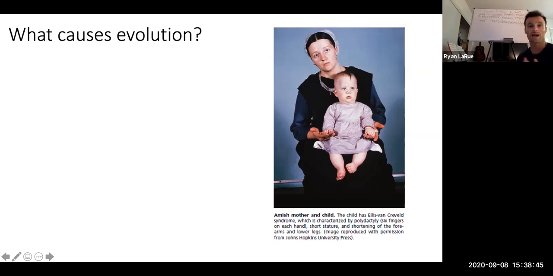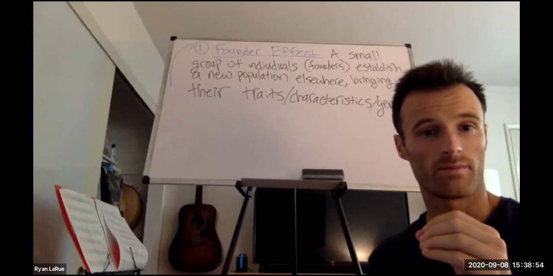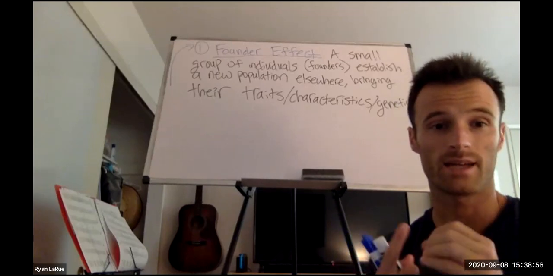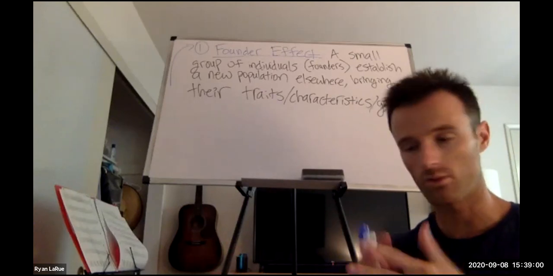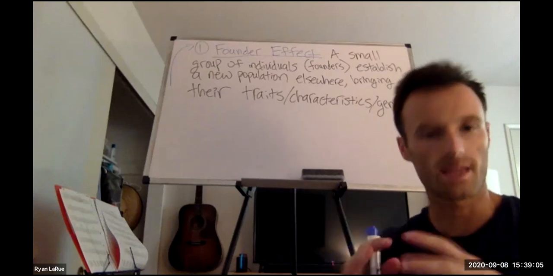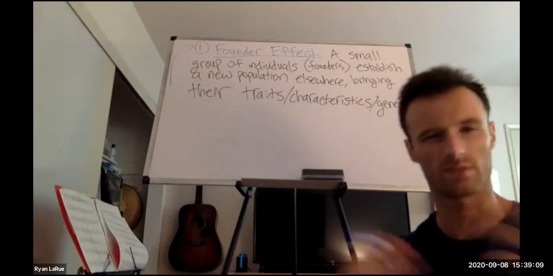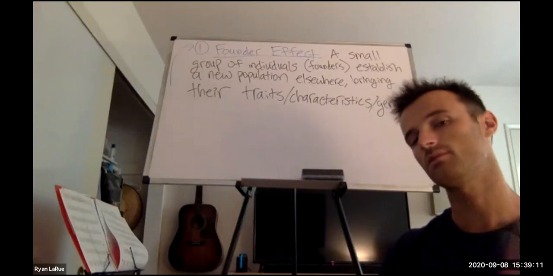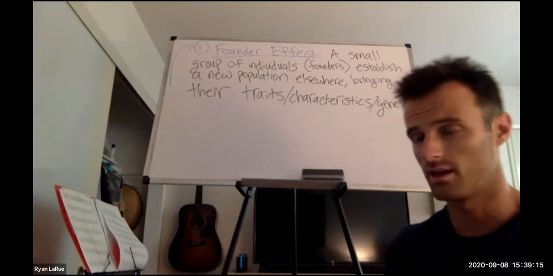This disorder is high amongst the Amish because this population was started by a very small group. And even if one of them had that gene, it's going to propagate. It's going to be more common in that group, especially if it's isolated and they're not bringing in new genes to dilute it out. So you find the frequency of these disorders in founder effect type situations.